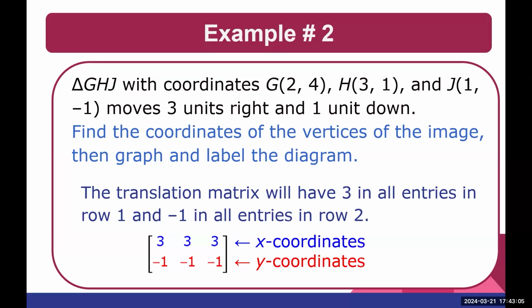Yes, so all the X values in our image will be shifted by 3. And the same could be said about the -1 being the Y coordinates of our translation matrix, because all the Y coordinates in our image will be shifted by -1. And which direction do we go if we're moving by a negative in the Y coordinate? Down. Yes, because the Y coordinate is up and down, the X coordinate is left and right.